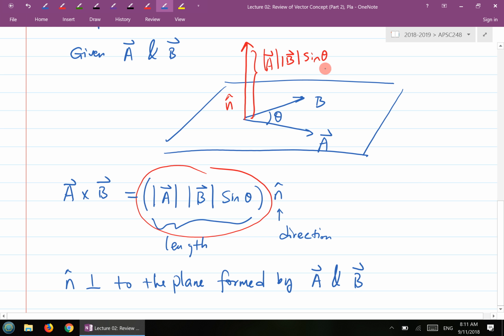It also makes sense because when theta equals 0, B and A coincide with each other, or sometimes we call it parallel to each other, because vectors are free and you can always separate two vectors apart from each other. Two parallel or coincident vectors don't form a plane.